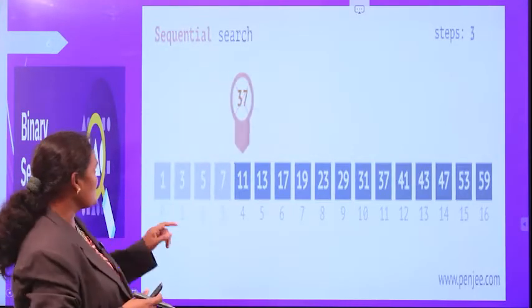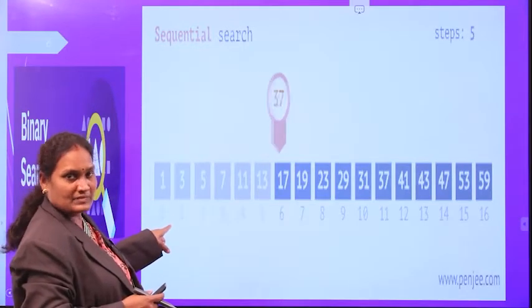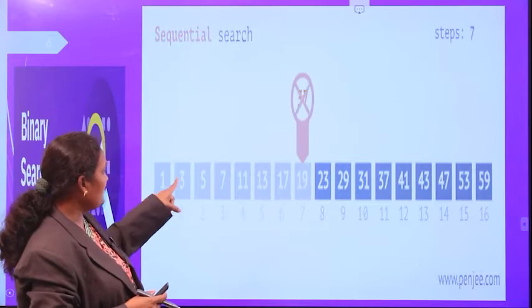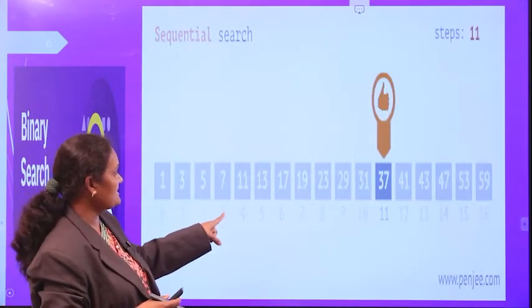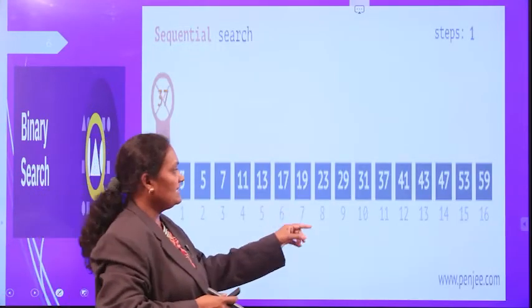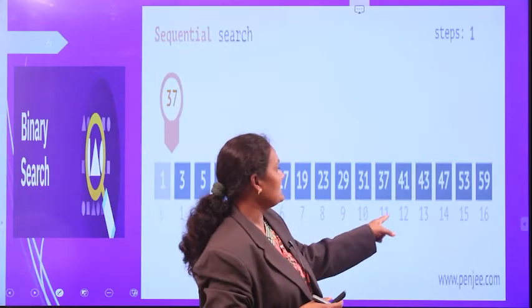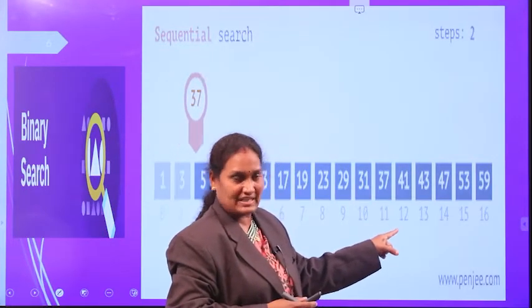In linear search, first the search element is compared with the 0th element. If it is not equal, then it is compared with the next element, and then the next element, and then the next. This procedure continues till the search element is equal to one of the elements in the given array.